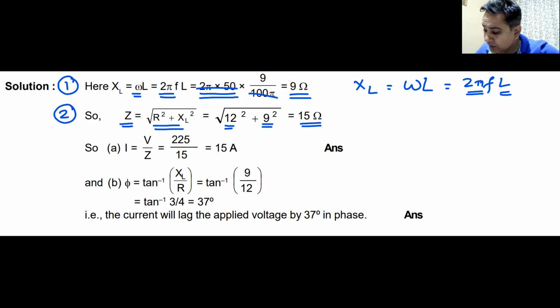Now remember a very good, important point here, something known as Pythagorean triplets. These are going to help you a lot, because most of the questions on finding Z are based on Pythagorean triplets. What is a Pythagorean triplet? 3, 4 and 5: 3 square plus 4 square is 5 square.